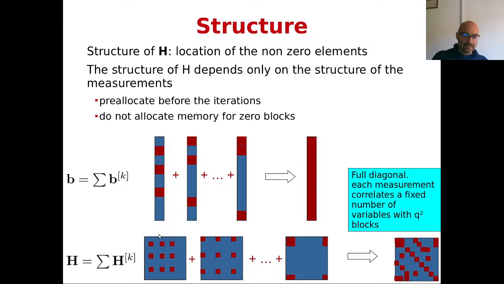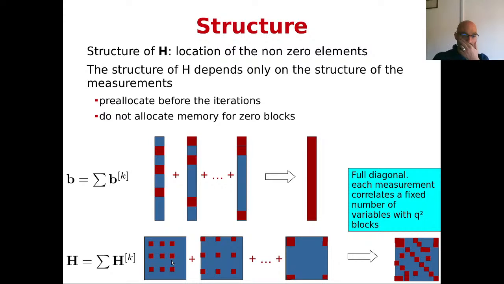What happens is that each time you add a component to the B vector, you are making the corresponding blocks dirty. And given that all variables appear in the B vector, it will in general be dense. In contrast, the H matrix will receive a number of contributions, which is at most a number of blocks equal to Q square, where Q is the dimension of a factor.